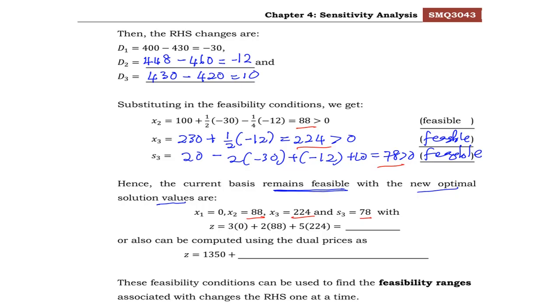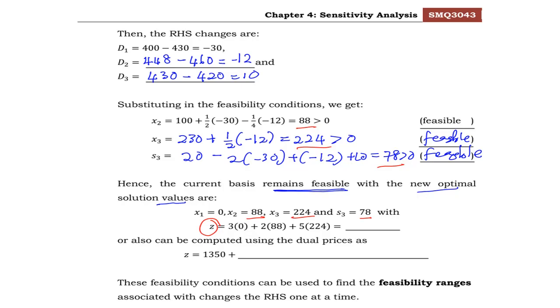So by using these values, we can calculate the new value for z. So 3 multiplied by 0 plus 2 multiplied by 88 plus 5 multiplied by 224.